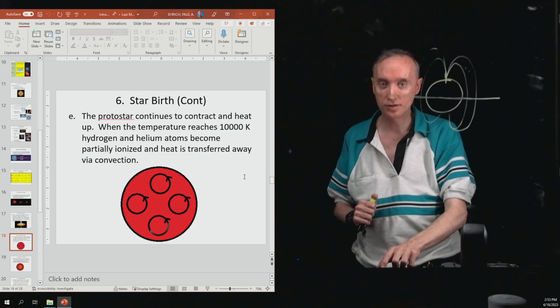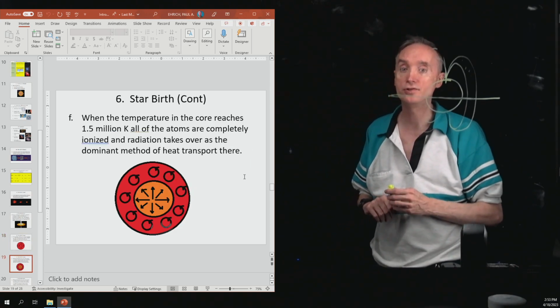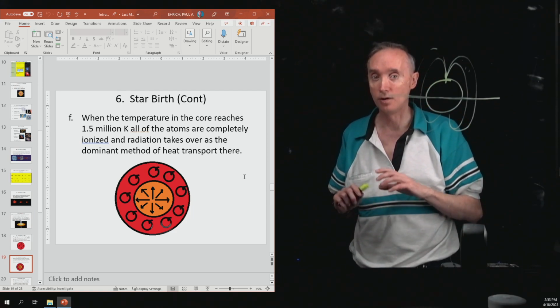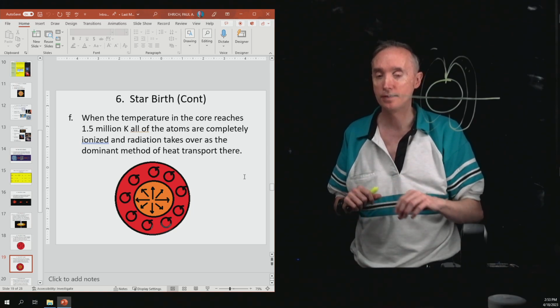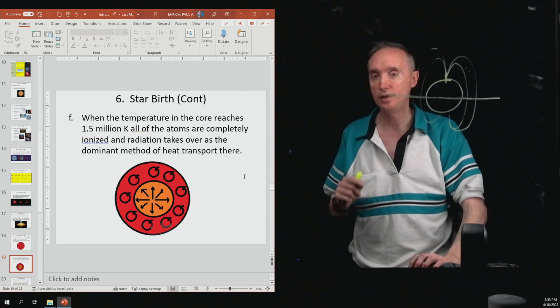All right, so now let's go to when the temperature of the core reaches 1.5 million Kelvin. All of the atoms are now completely ionized, and then radiation is the easiest way for the heat to get out of this star.